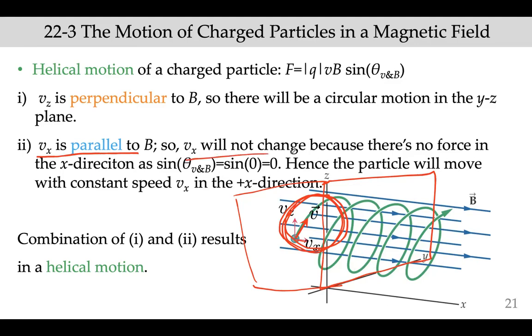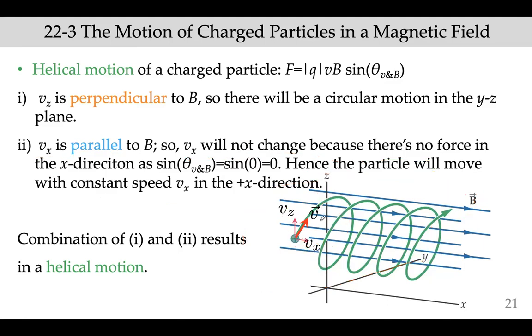Vx will not change because there's no force in the x direction, because the angle between Vx and the magnetic field is 0. So the magnetic force is not in the x direction, and hence the particle will move with constant speed Vx in the x direction. The combination of these two effects gives you the helical motion.